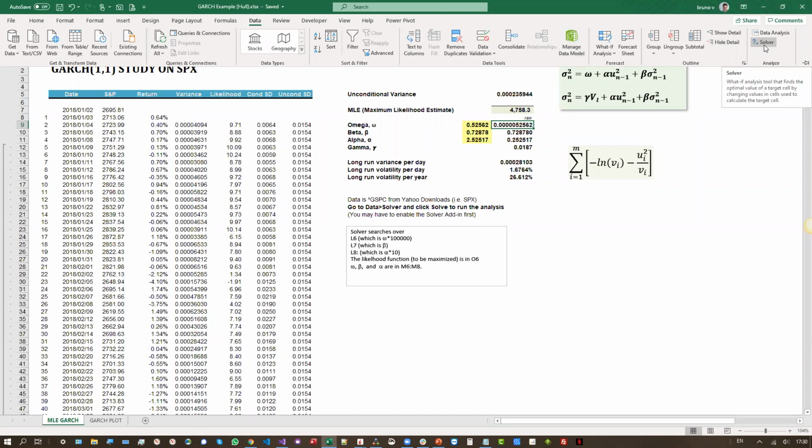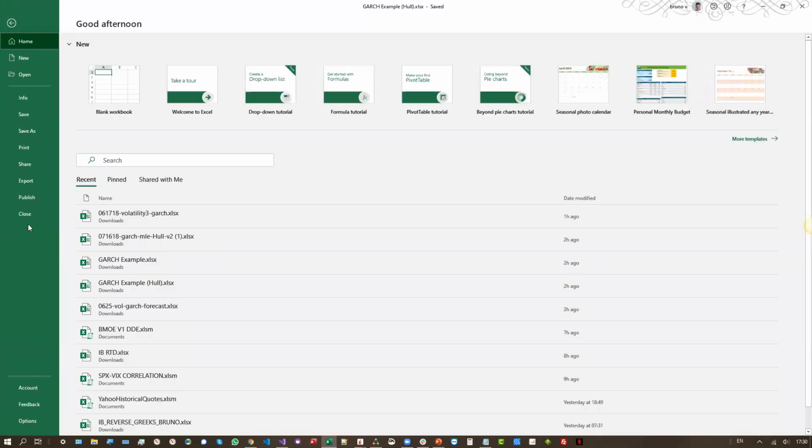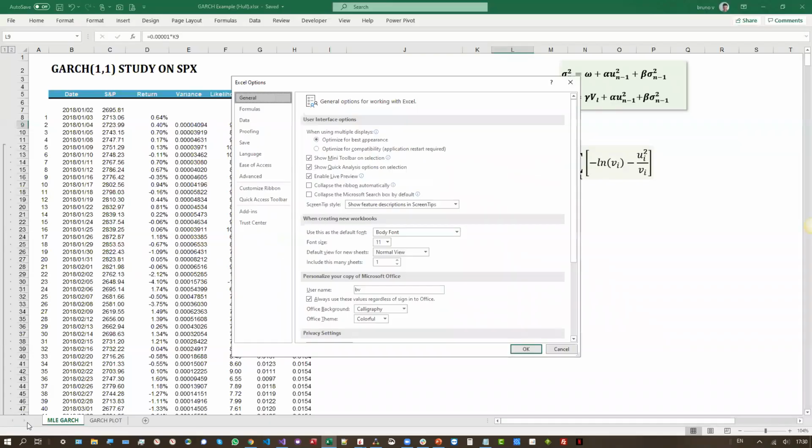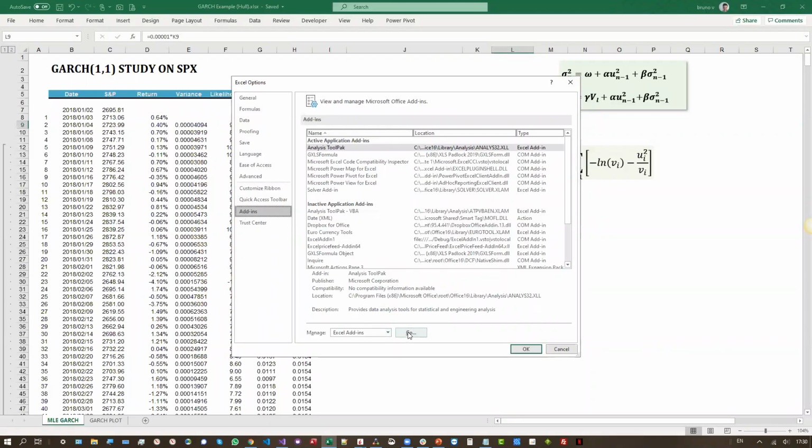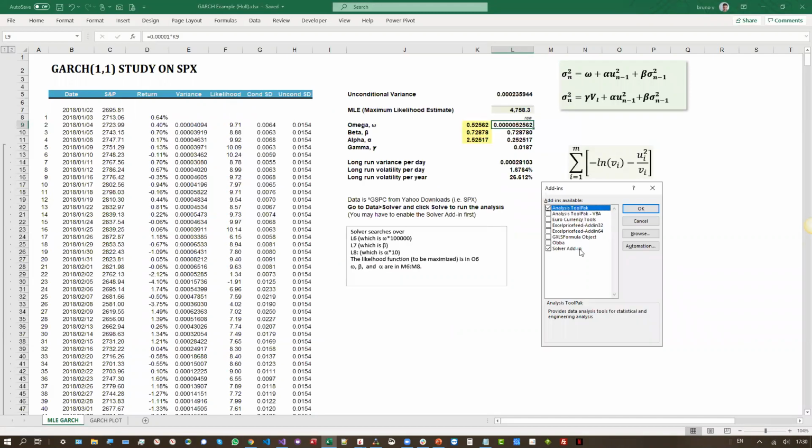To see it here, you will have to go to your add-ins, under options, I think. Solver add-in. It's a free add-in; you just have to enable it.